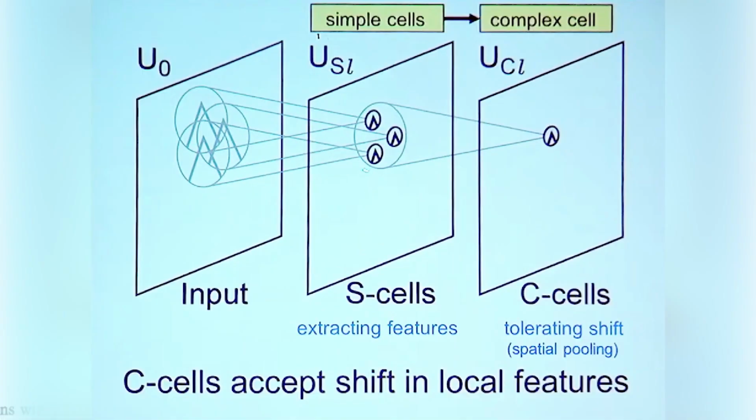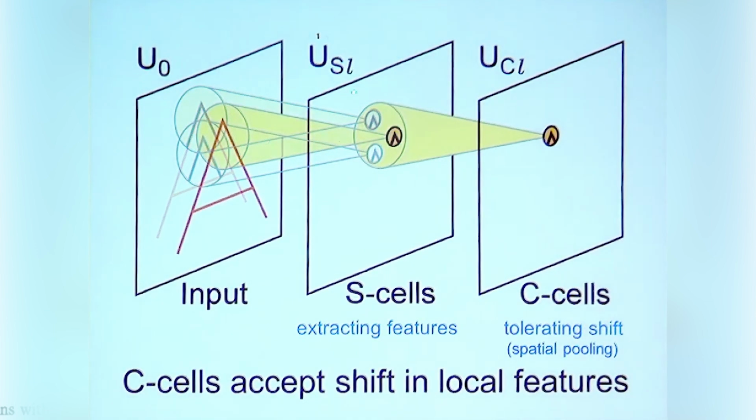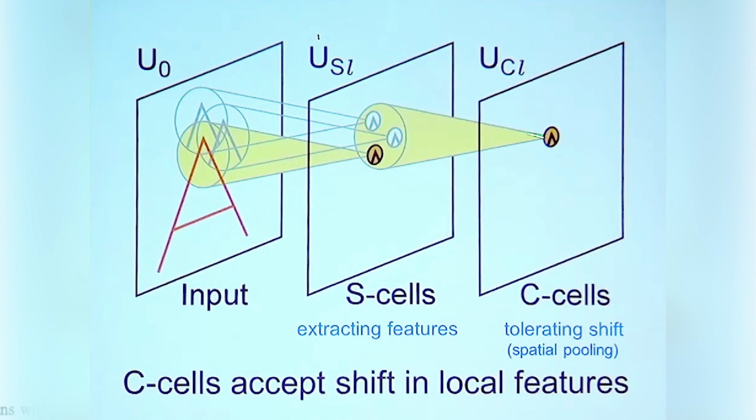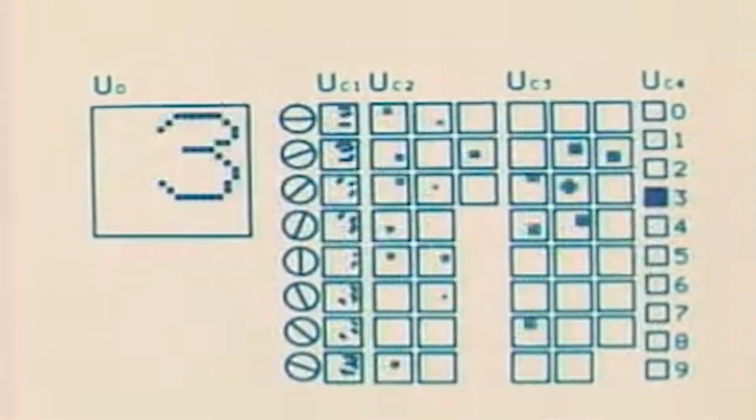The S layer worked like detectors, identifying basic features like edges and corners through small localized connections. Meanwhile, the C layers played the role of translators, taking these simple features and generalizing them, creating a form of translation invariance, meaning the model could recognize an object even if it shifted or moved slightly.